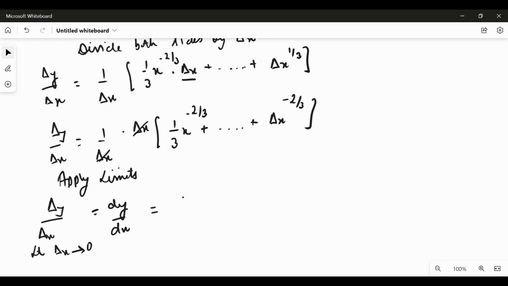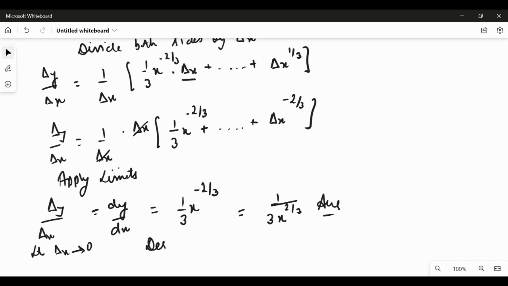So dy/dx is equal to 1/3 x^(−2/3). If there is a negative in the power, I will take the reciprocal. This gives me 1/3 x^(2/3) in the denominator. So this is my answer.